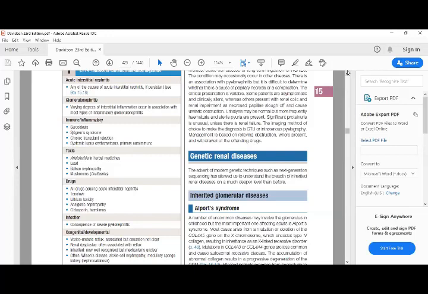Toxic causes: aristolochia in herbal medicines, lead, Balkan nephropathy, mushrooms, cortinarius. Drugs: all drugs causing acute interstitial nephritis, tenofovir, lithium toxicity, analgesic nephropathy, cyclosporin, tacrolimus. Infection: consequence of severe pyelonephritis.